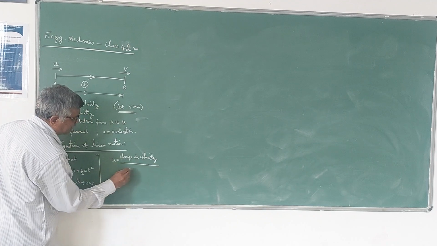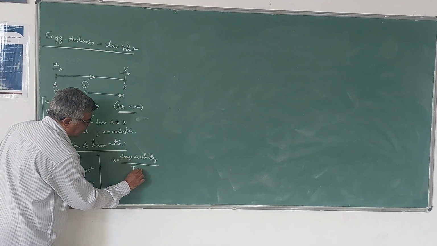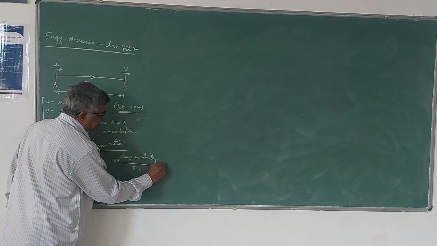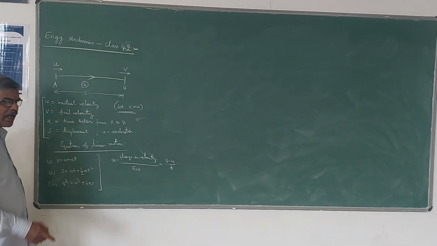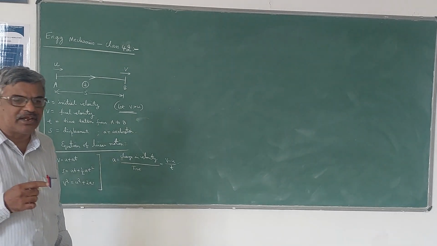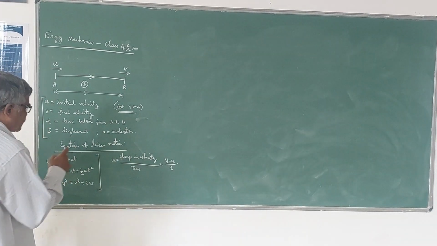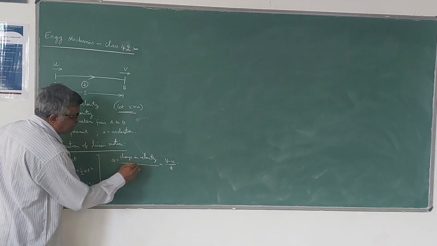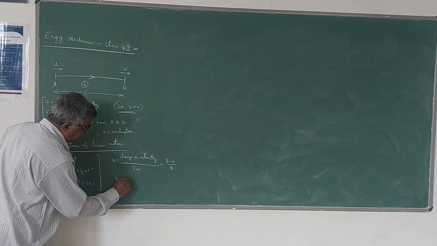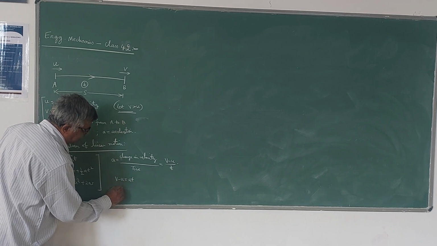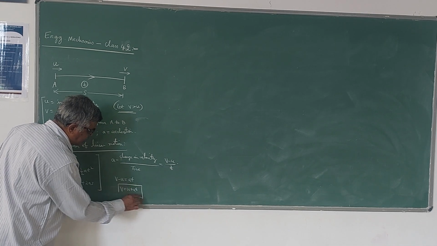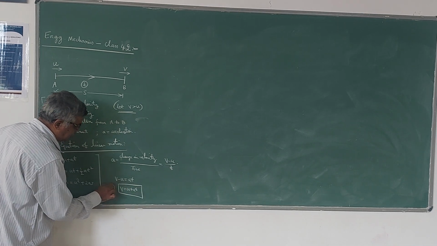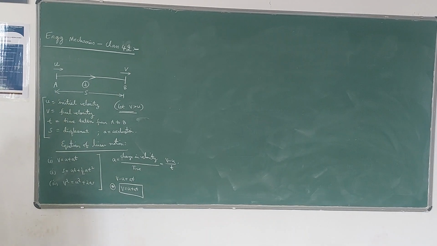Change in velocity is v minus u, divided by time t. So in time t, the velocity has increased from u to v. This is the mathematical equation. If you cross multiply, v minus u is equal to a into t, or v is equal to u plus at. So this is the first equation, a very simple derivation. First equation we have derived.